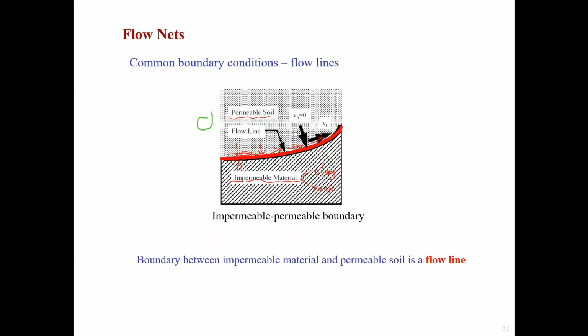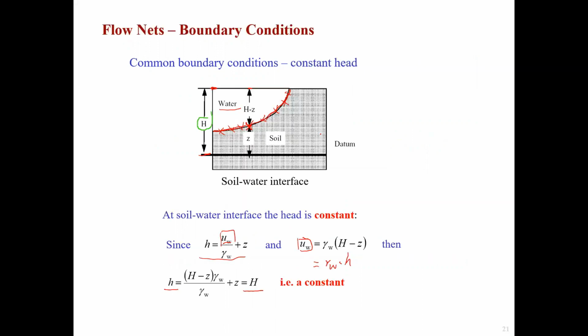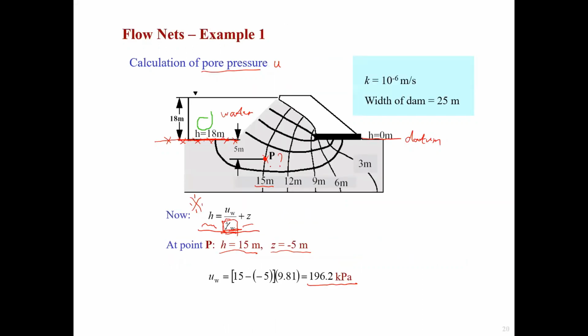So let's say for this dam, below the dam, assume that's the clay. That's the clay, and that's the soil, let's say it's a sandy soil. Then this line will be a flow line, because the water can only flow along this line.